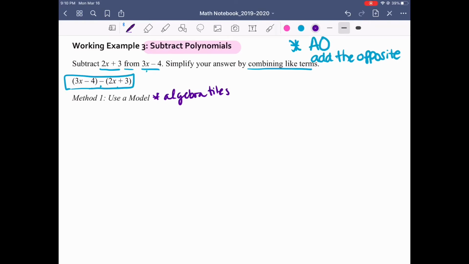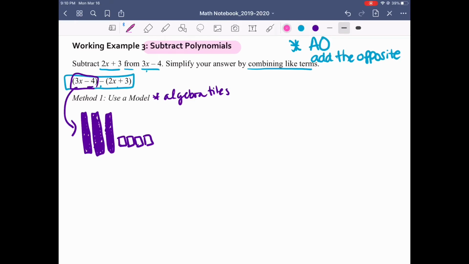Okay, so we're going to start off with 3x minus 4. I'm going to draw that out in purple. So we have 3 positive x tiles, 1, 2, 3, and then negative 4, 1, 2, 3, 4 negative tiles.